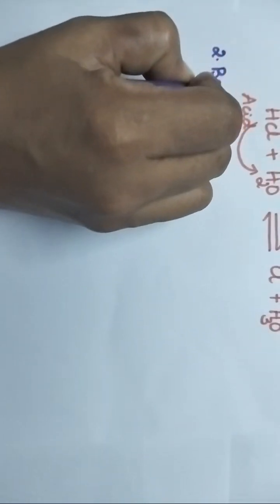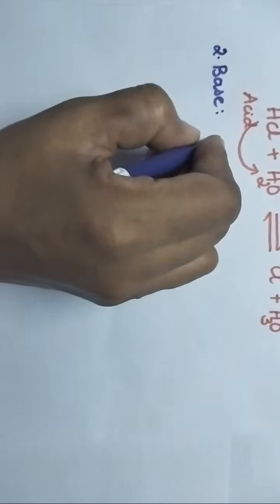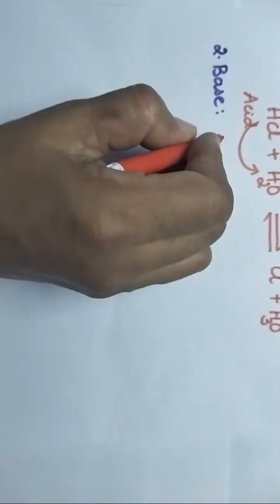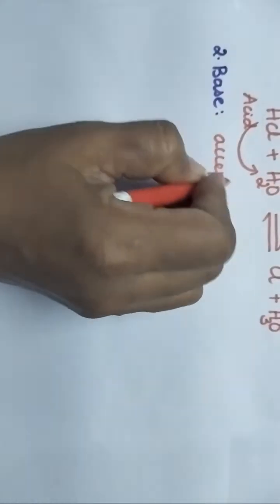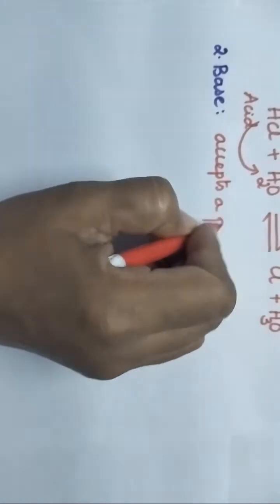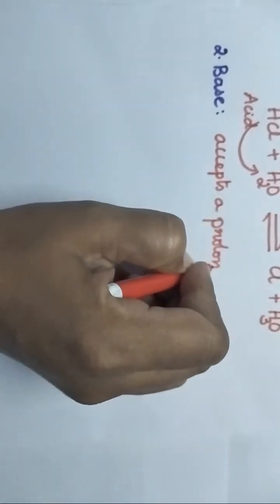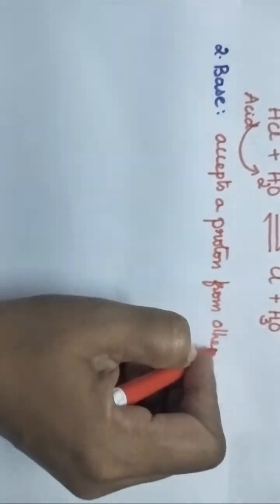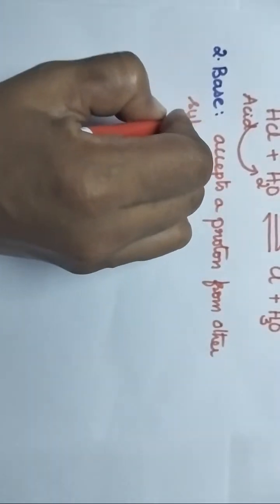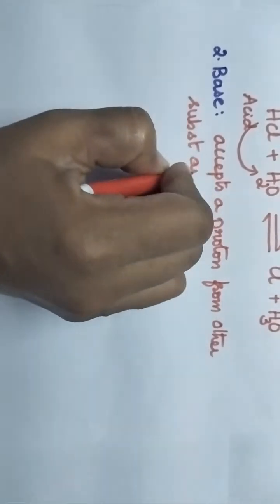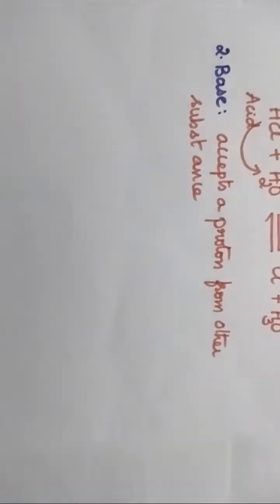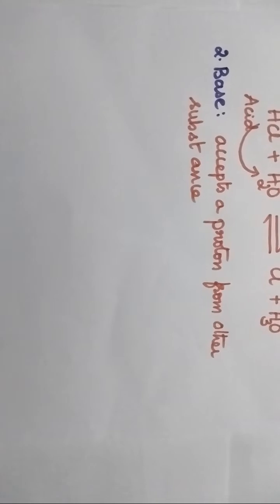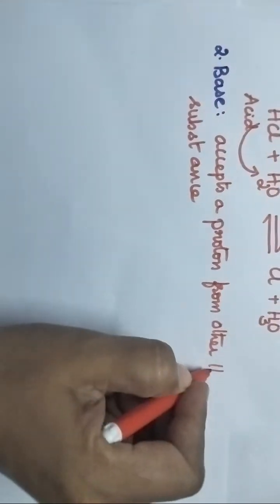Moving to the base. Base is a substance that accepts a proton from other substance. So what is the nature of a base? Base is a substance that accepts a proton from the other substance.